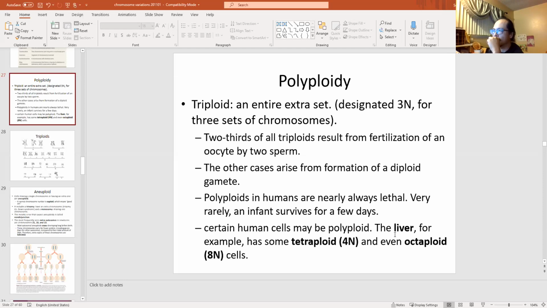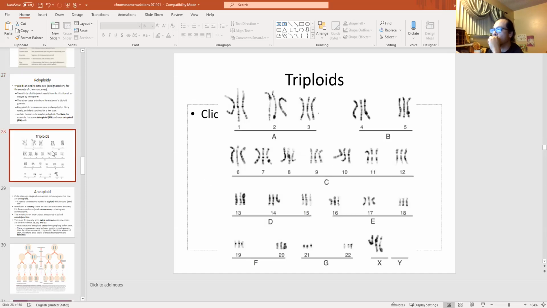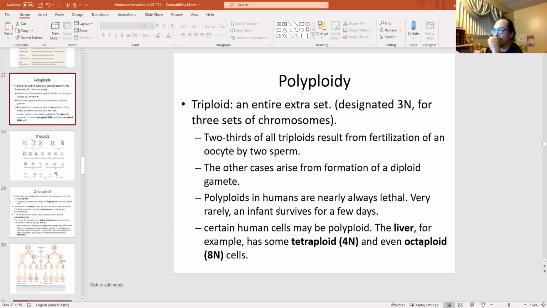Liver cells can have these polyploid sets of chromosomes, and in these cells they are probably okay. So this is an extra set, right? You have 3N, not just 2N as in a regular person. Even though this is a condition, it is rarely seen. Most of these patients won't survive after birth.